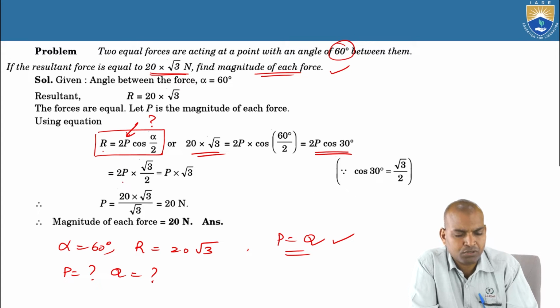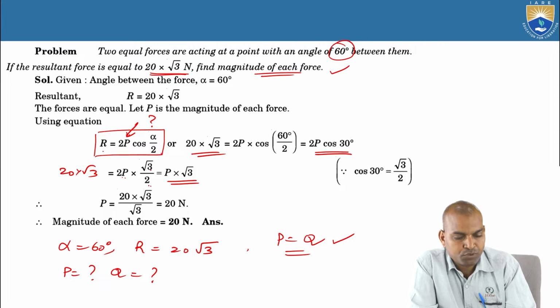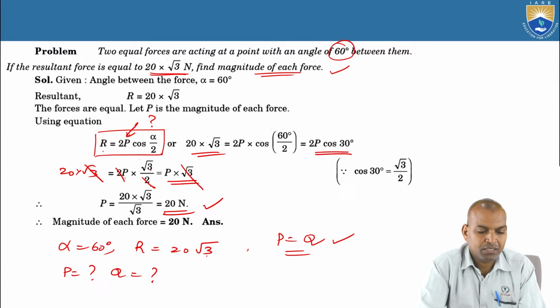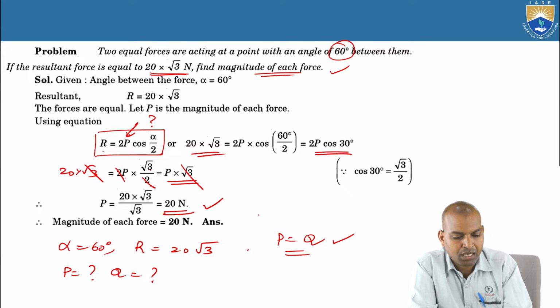What is cos 30? Root 3 by 2. So 20 times root 3 equals 2P times root 3 by 2. The 2 cancels, giving P times root 3. Then root 3 cancels, and P equal to 20 newtons. So the magnitude P equal to 20 newtons, and Q is also 20 newtons because the forces are equal.